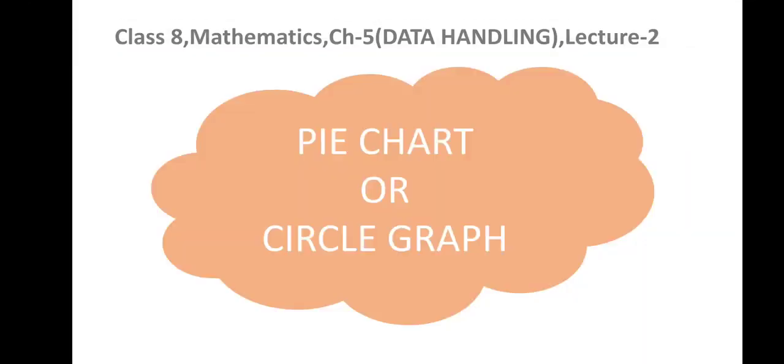Now coming to the main topic of today's lecture, that is the pie chart or circle graph. Dear children, you must have seen data represented in circular form. Let us see an example of how we need to represent the data in circular form, or what this circle graph or pie chart is.